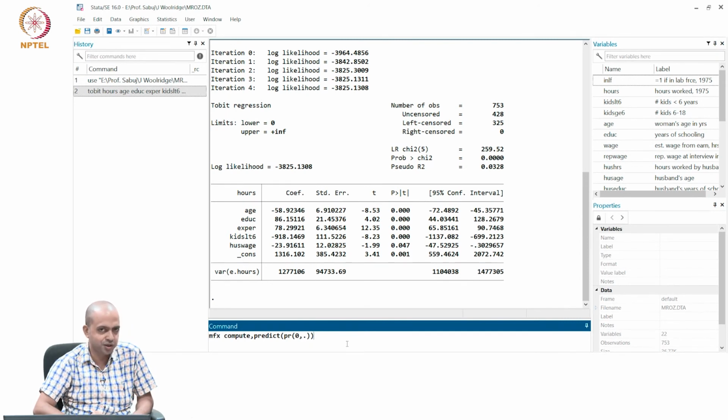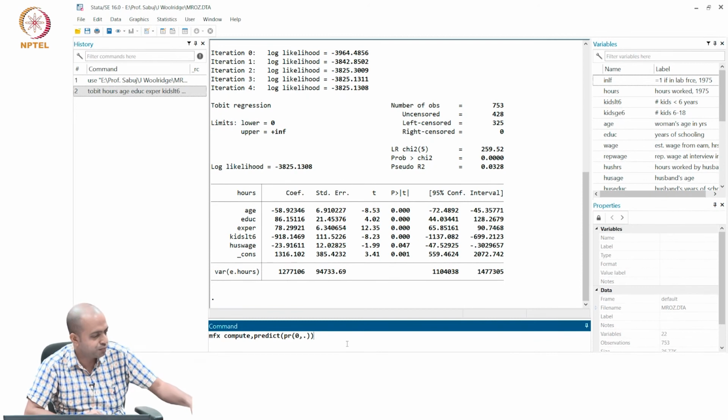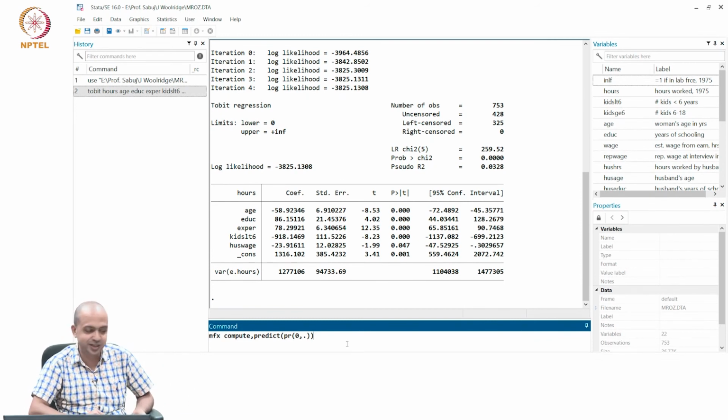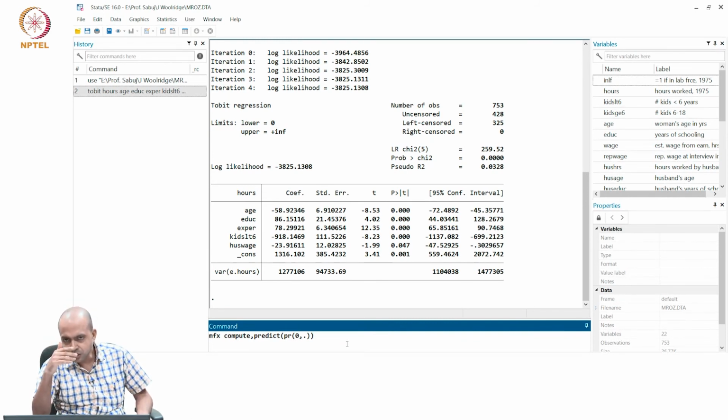that means I am interested in computing the marginal effect. After that, we are asking Stata to first predict the probability that the woman participates in the labor force. That is why predict PR, probability, and in the bracket 0 comma dot, it means greater than 0, that means positive labor supply.